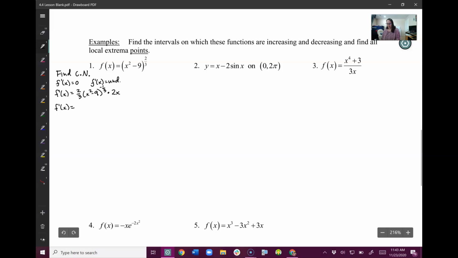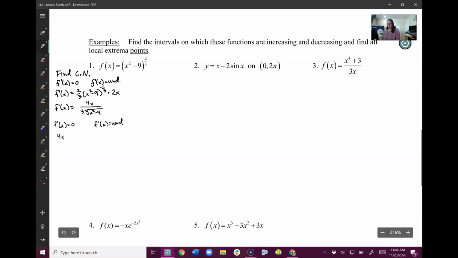So it looks like I got a 4/3 x. Actually, let's do it this way. Looks like I got a 4x on top and then a 3 cube root of x squared minus 9 on bottom, because I take that 1/3 down to the bottom to make it positive and then turned it back into a root.